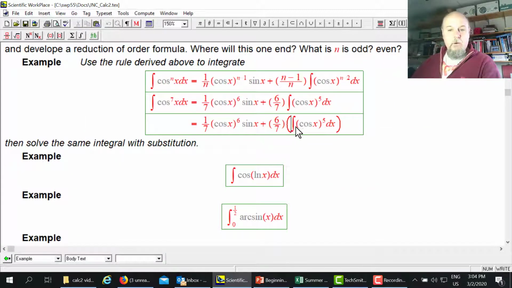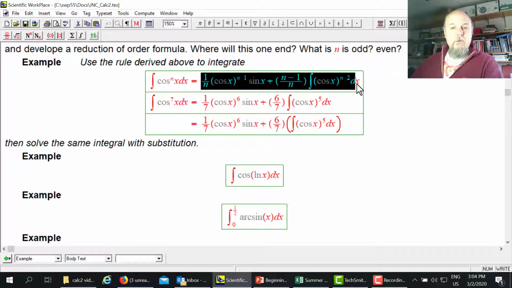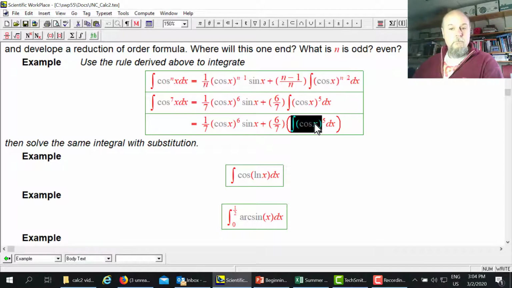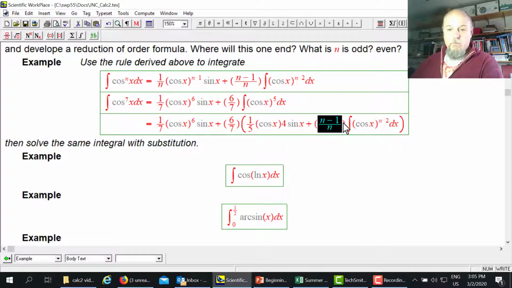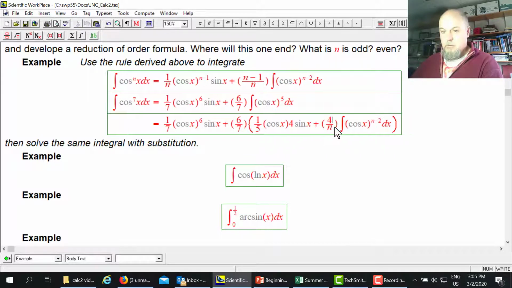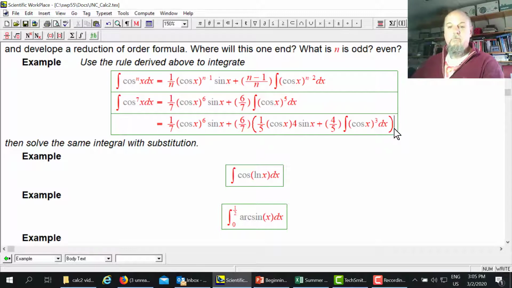So I'm working with my reduction formula here, but everywhere there's an n, I'm putting n is equal to 5. So that's going to be 5. 5 minus 1 is a 4. 4 over 5. And 5 minus 2 is a 3. Okay.